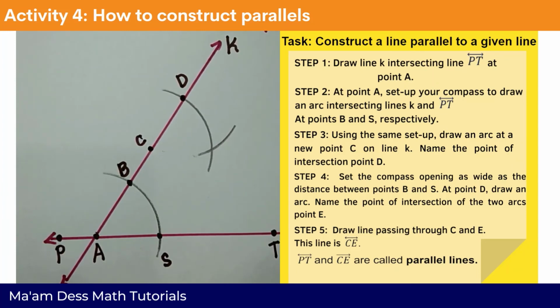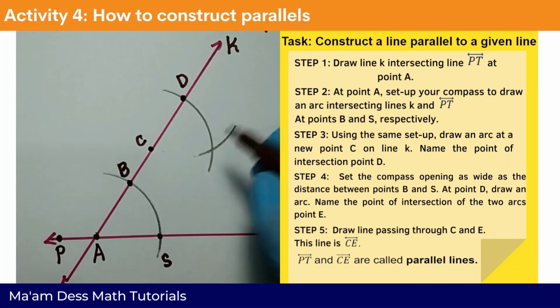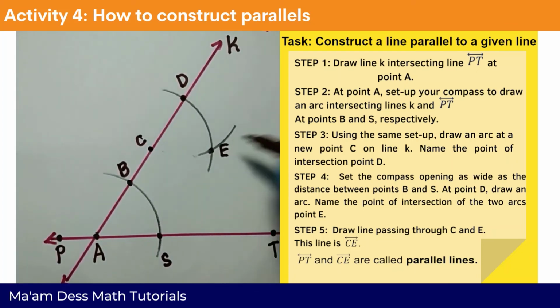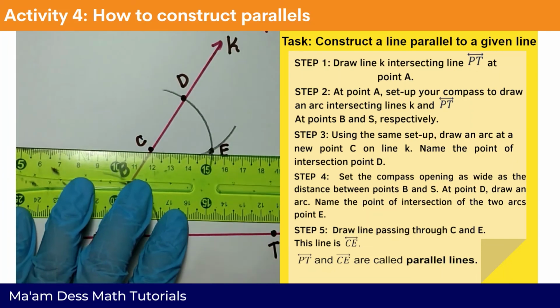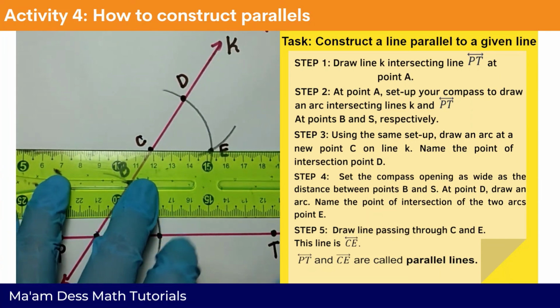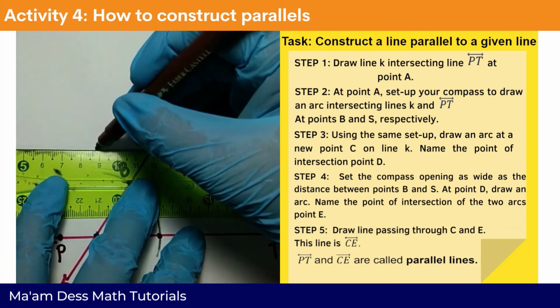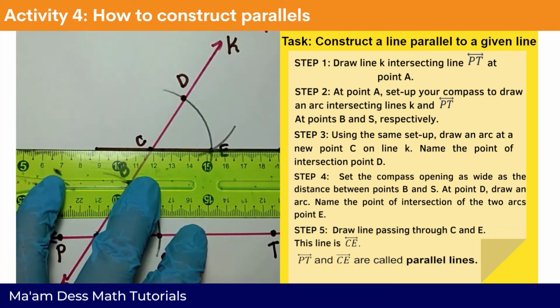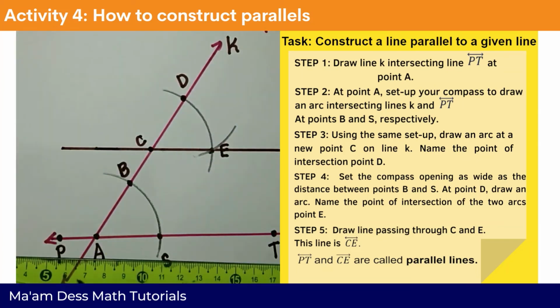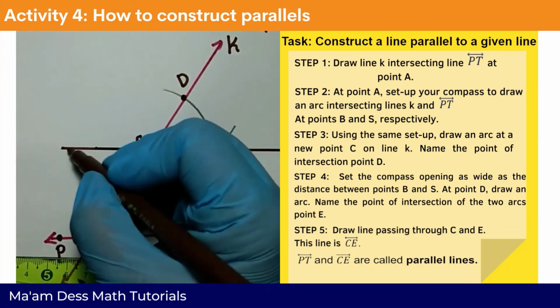Okay. For the next, we have to label the point of intersection that you can see with point E. Okay? And now, you have to connect the 2 points, C and E. So, make this as a line. So, as you can see now, we form parallel lines.